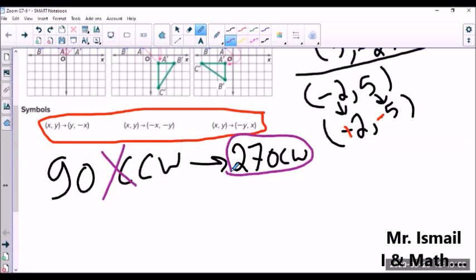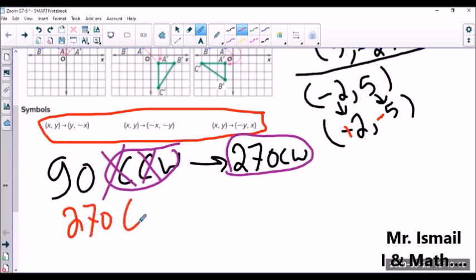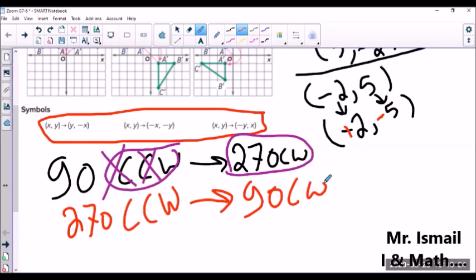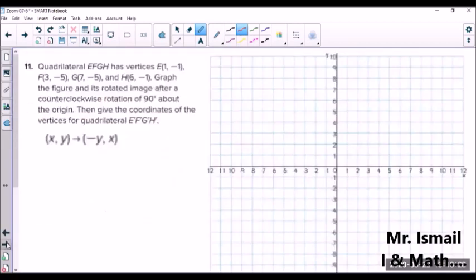So when the question says counterclockwise, I will convert it to clockwise. And 270 counterclockwise is the same as 90 clockwise, like that.